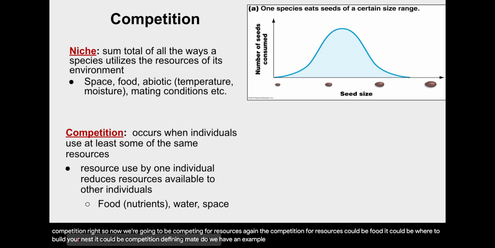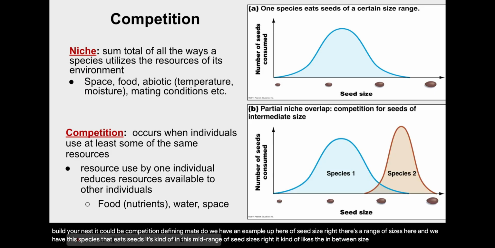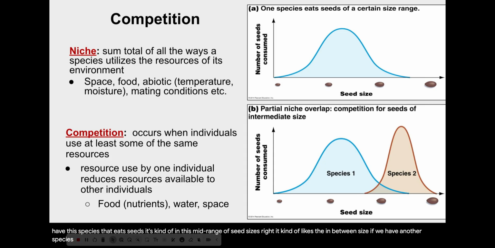So we have an example up here of seed size, right? There's a range of sizes here. And we have this species that eats seeds kind of in this mid-range of seed sizes, right? It kind of likes the in-between size. If we have another species that typically likes the larger seeds, right, but will also eat some of these medium-sized seeds, we can start to see their niches for seed size, for food, starting to overlap, right, on these bigger, medium-sized seeds.